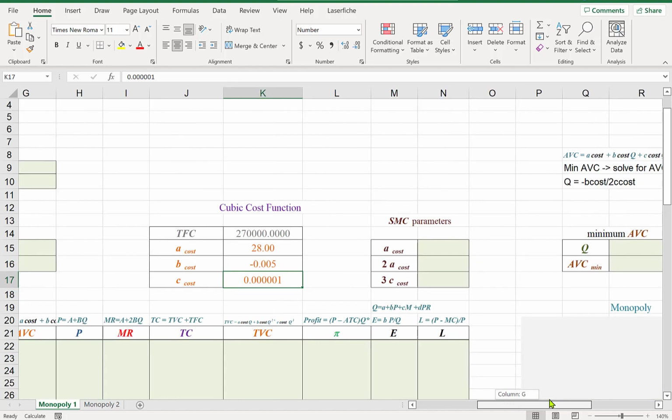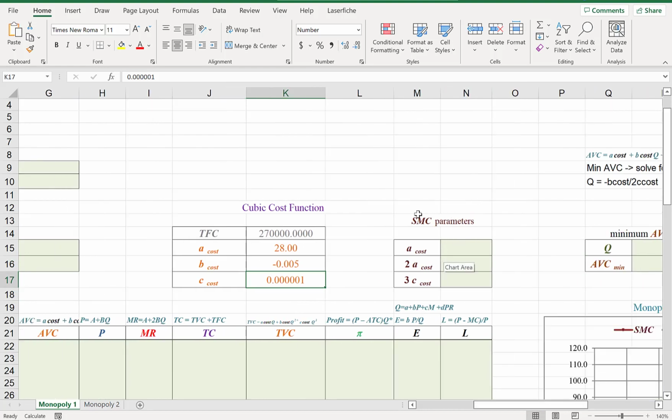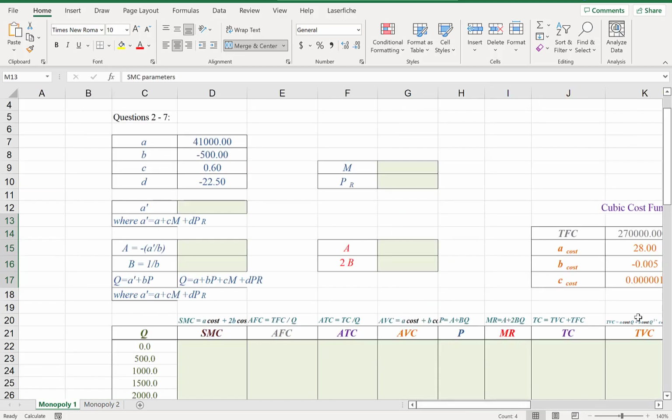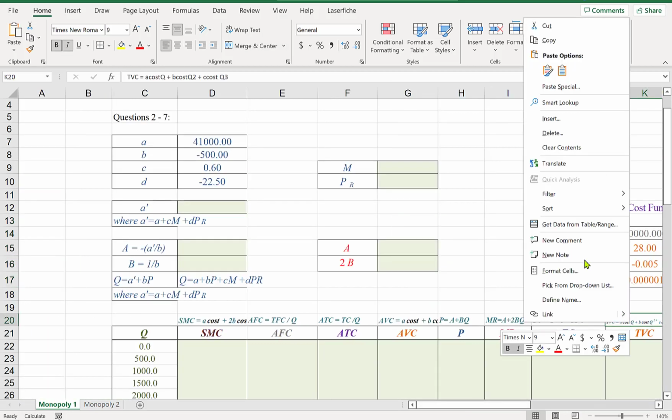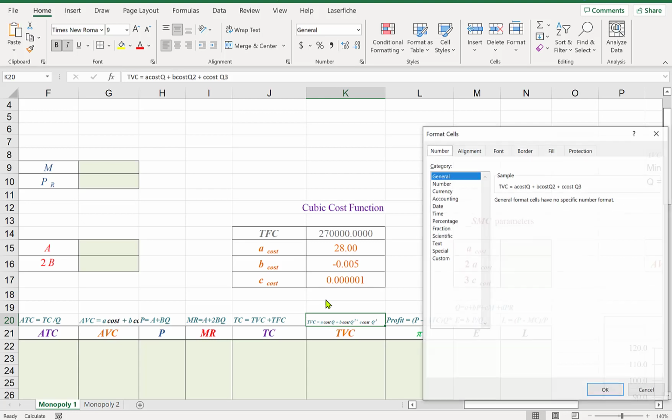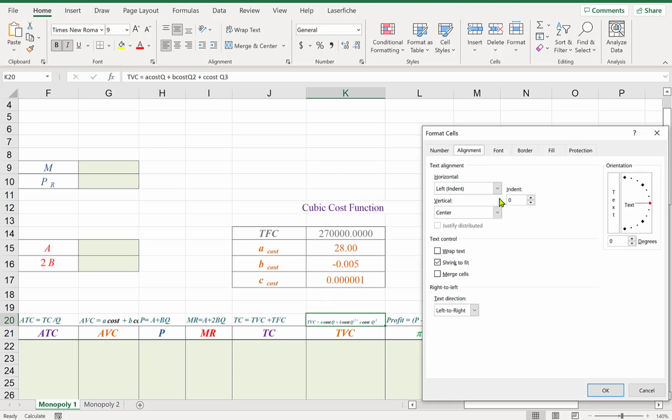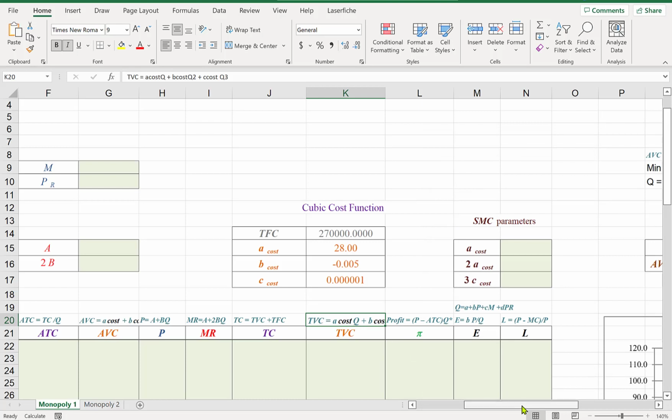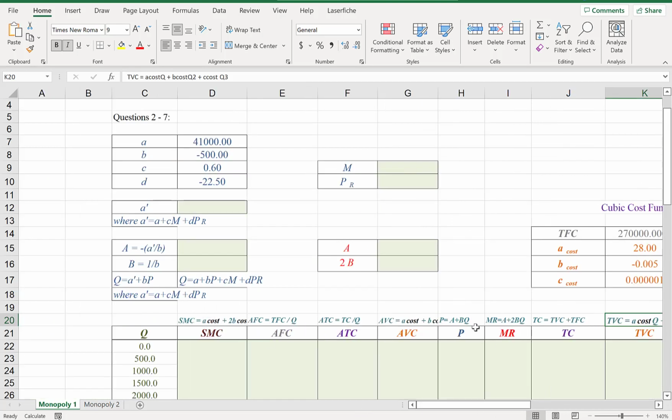Okay, there you have marginal cost parameters. We'll look at that because all the formulas, everything is given here. Let me format this cell, and we're going to do alignment, shrink to fit. Okay, all right. So all the formulas, I put them here. So don't get overwhelmed. We're going to calculate everything because everything is defined.